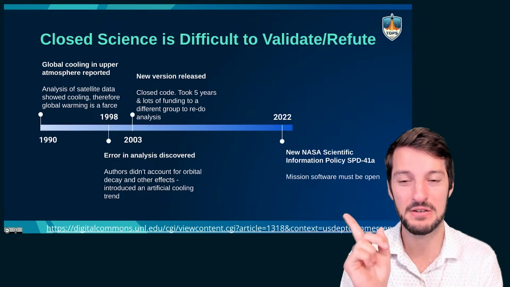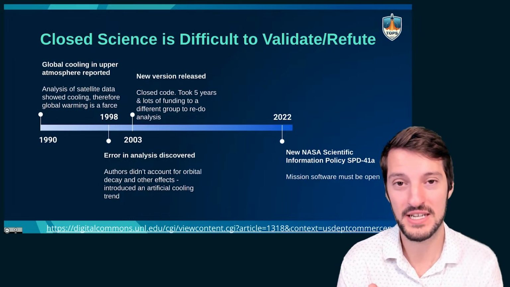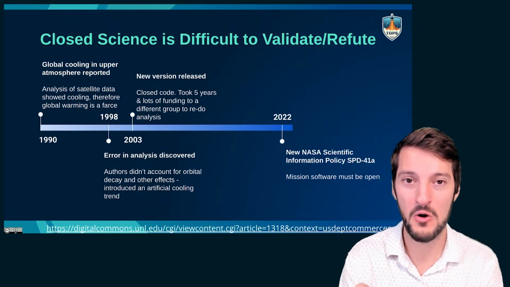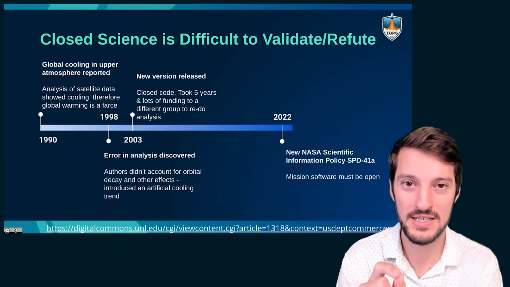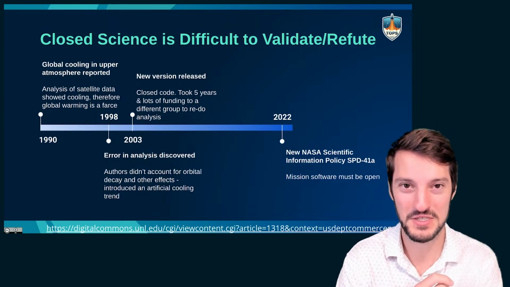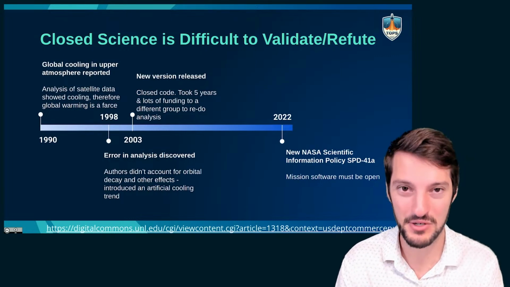They were able to take the original data from 1990, and with their own completely recreated code, they got to the same set of results as the original 1990 paper.